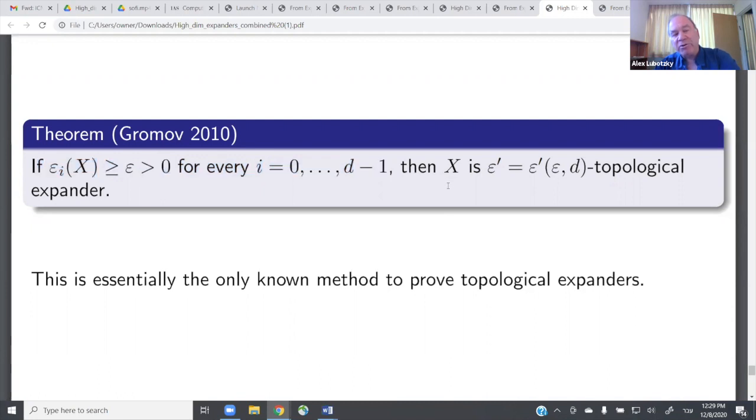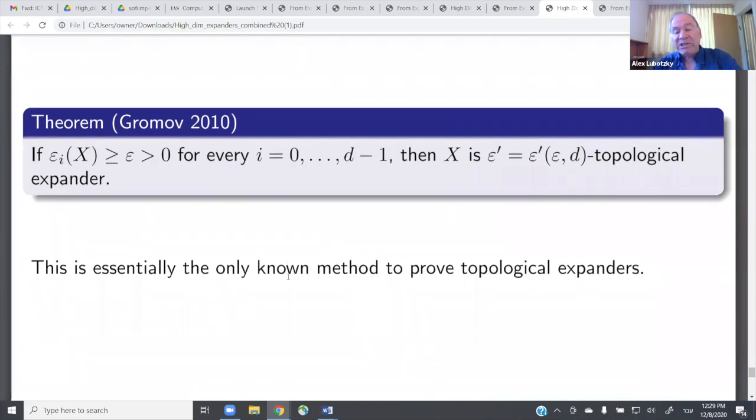That's really Gromov's main theorem. He also proved that the complete simplicial complexes are coboundary expanders, which was exactly what Linial and Meshulam proved. That theorem is much easier, and both proved it independently. But the deep theorem of Gromov is that this implies topological expansion.